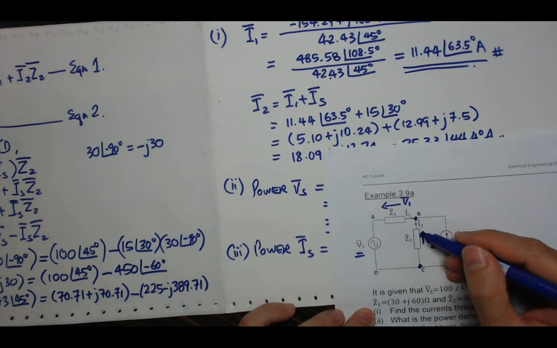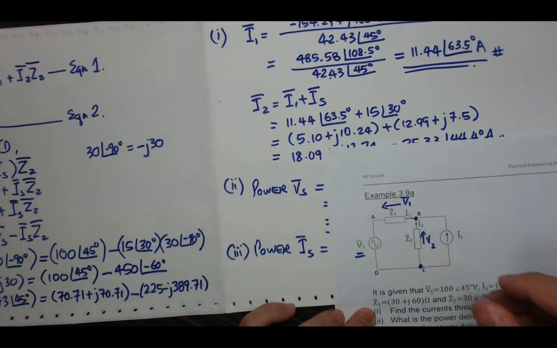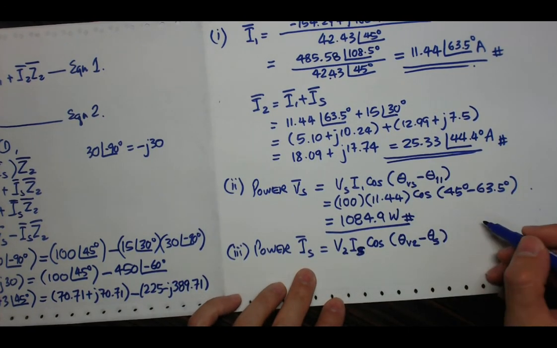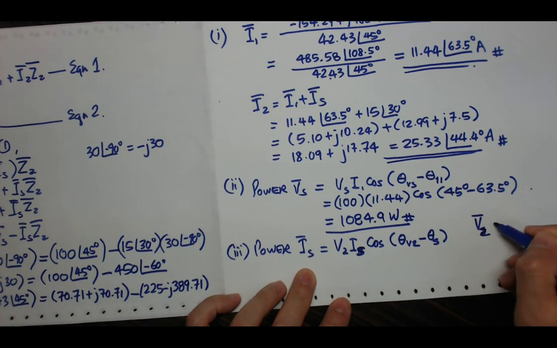Because I is here and V2 is here. So we need to calculate V2 first. Now V2 can be calculated easily by I2 times Z2.